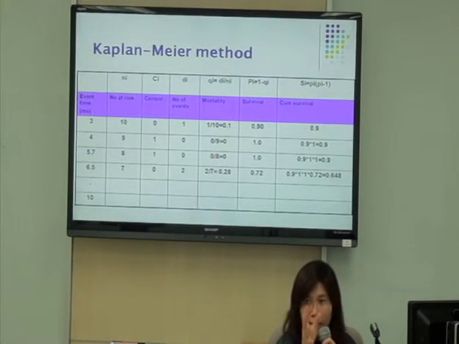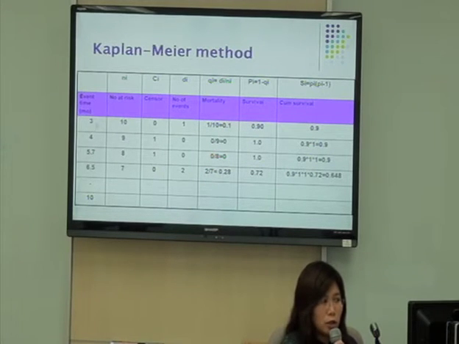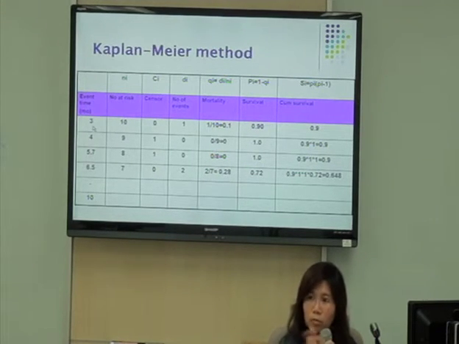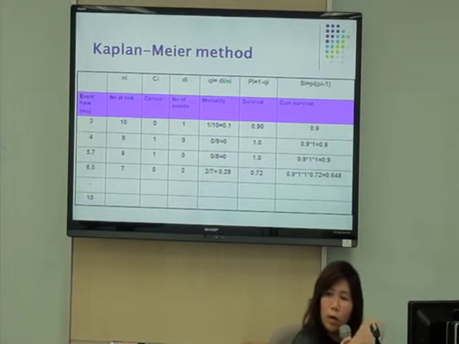So the concept of life table analysis developed into the new concept, the Kaplan-Meier method. The Kaplan-Meier method is different, and the most obvious difference is that they did not use the interval to count who comes in and out.